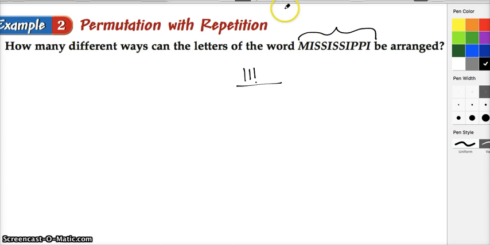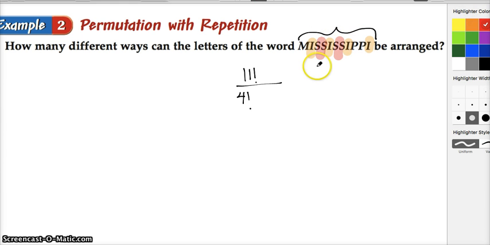So I'm looking at I, and I see that there are 1, 2, 3, 4 I's, so I'm going to write 4 factorial down here because there's 4 different arrangements of those I's that would keep getting counted. And then I can do the same thing with the S's.